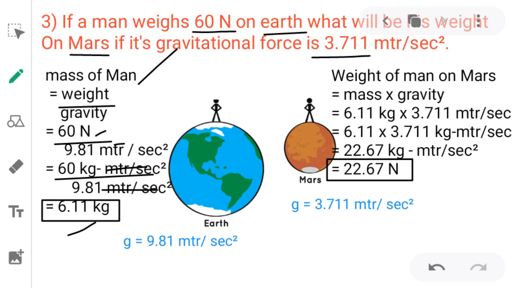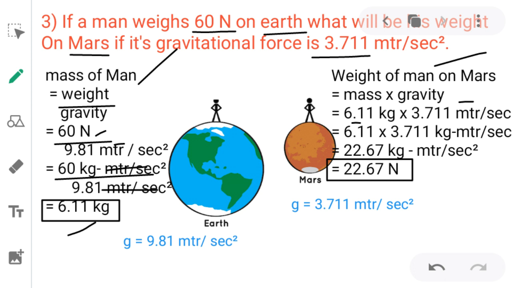Using this mass we can find the weight of man on Mars. Weight of man on Mars equals mass into gravity of Mars. Mass of man is 6.11 kg and gravity of Mars is given as 3.711 meter per second square.